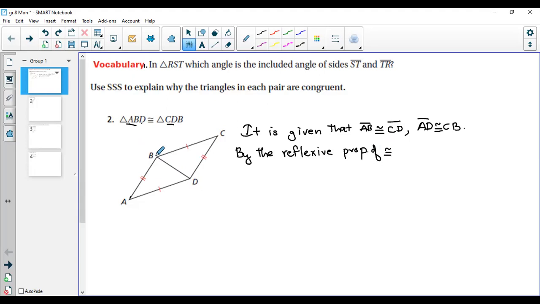BD is the same in both, so we say BD is congruent to BD. Therefore, now we have proved all the three sides. This is the first side, this is the second side, and this is the third side. So finally we say, therefore, triangle ABD is congruent to triangle CDB. That's it. This is how you explain why the triangles are congruent.